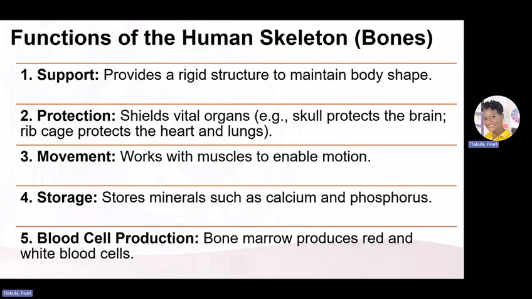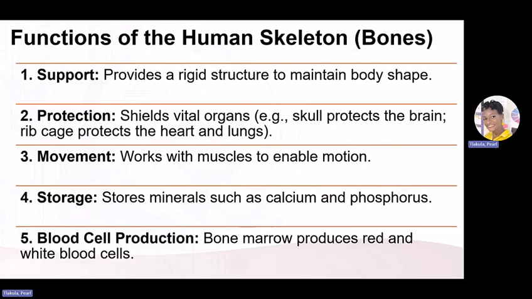The fifth function of the human skeleton is blood cell production. The bone marrow produces red blood cells and white blood cells. So let's do the recap. We have 5 functions of the human skeleton.